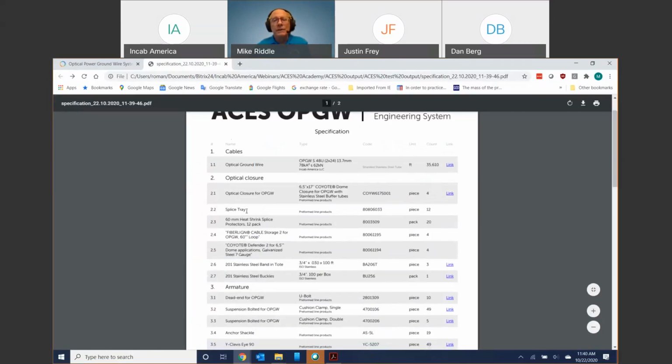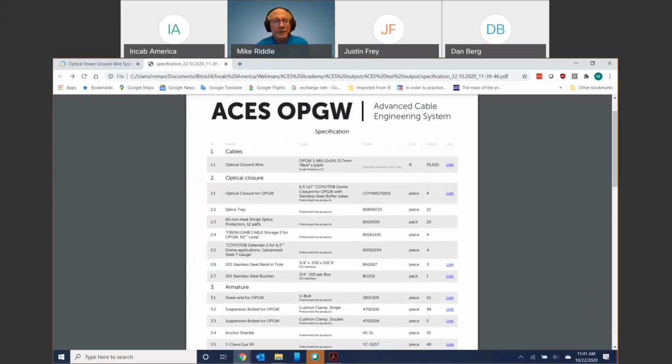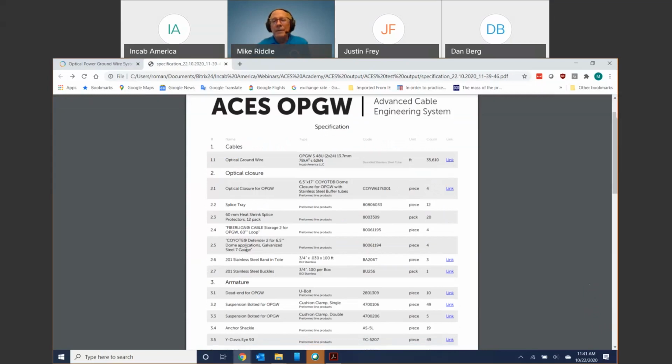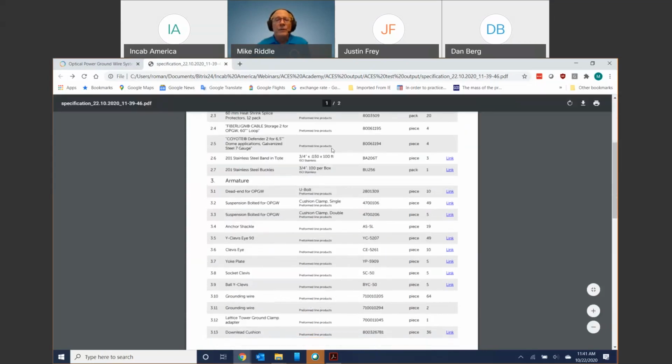In addition, you need this many of this particular splice tray, your heat shrink splice protectors, cable storage rack, a Coyote Defender, and of course, well, I don't really need bullet resistant, so I'll drop that.